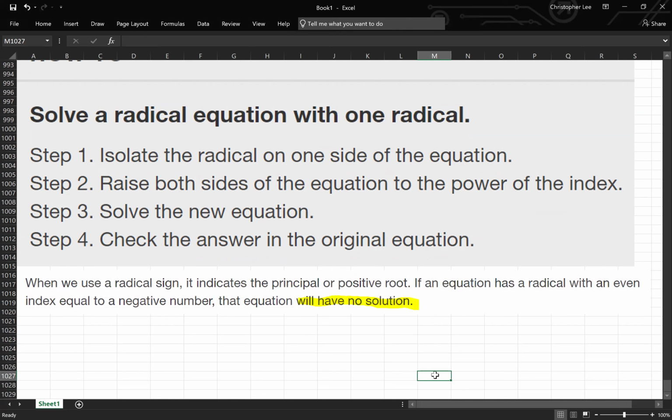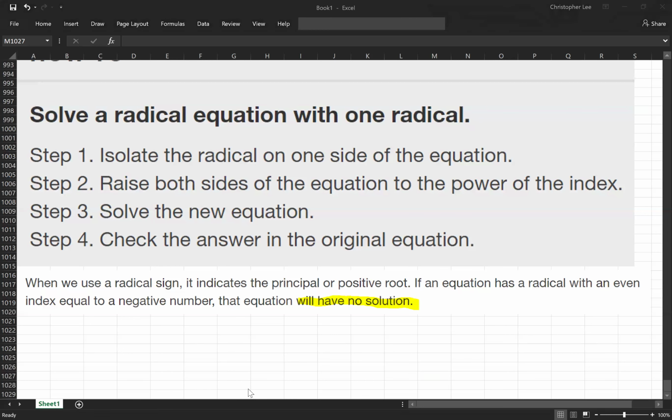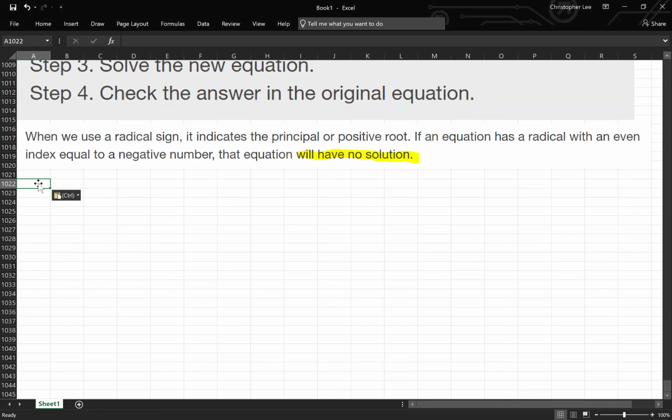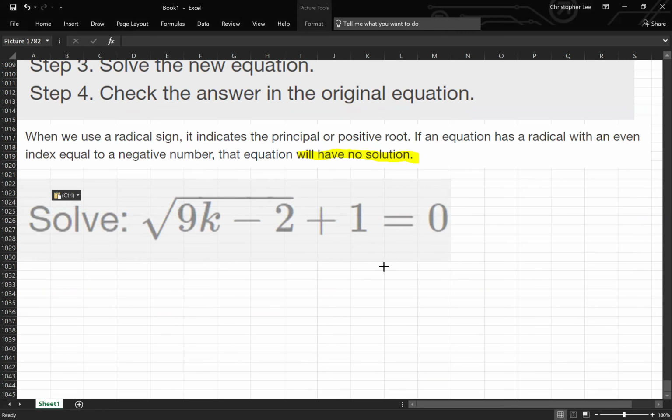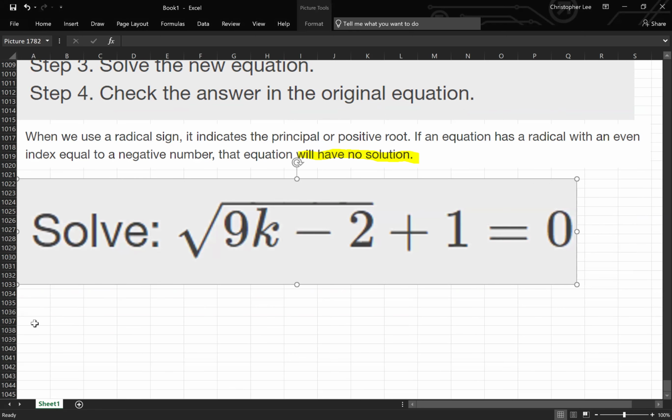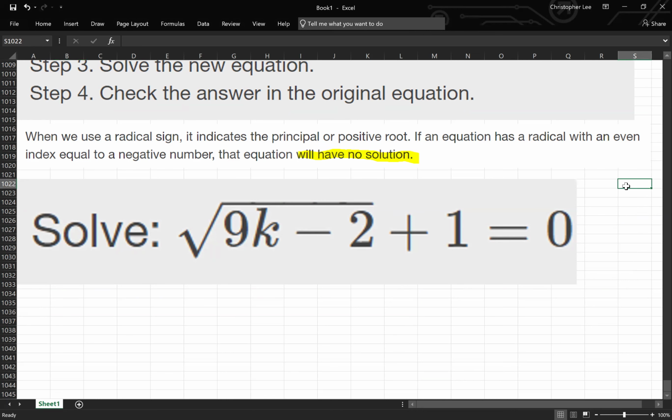So when we use a radical sign, it indicates the principal or positive root. If an equation has a radical with an even index equal to a negative number, that equation will have no solution. For example, let's say that I have the square root of 9k minus 2, plus 1, is equal to 0.